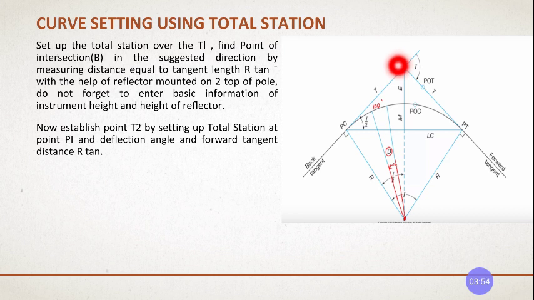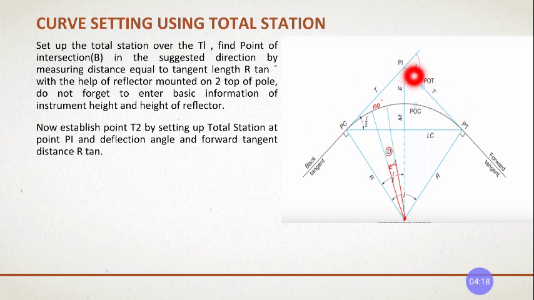Now what you're going to do is establish the station point here at PI, the point of intersection, right? And the deflection angle, and you're going to find out the point PT, because this tangent length is the same in both cases, in the forward or backward tangents.